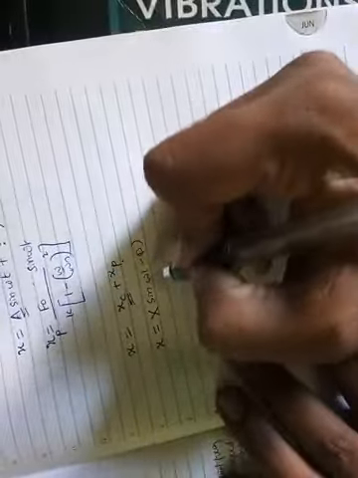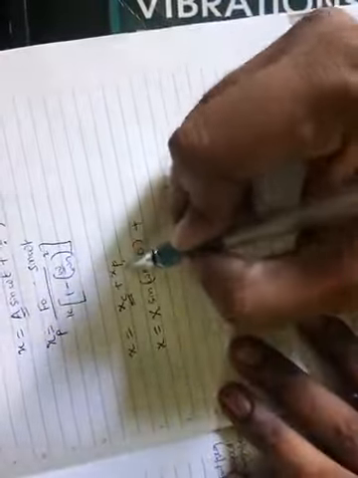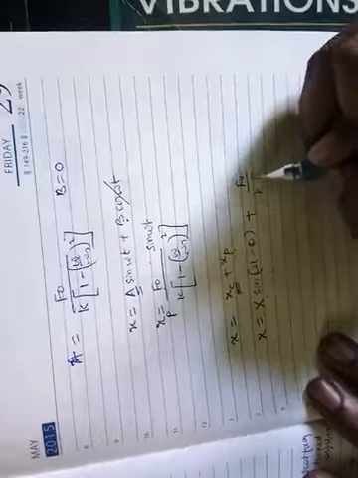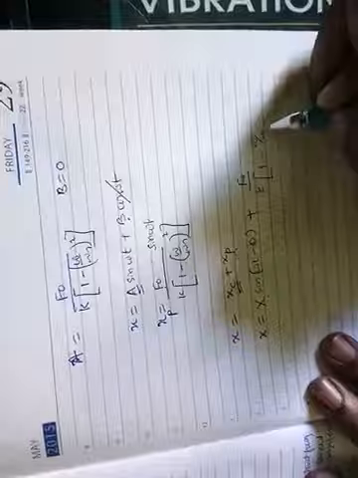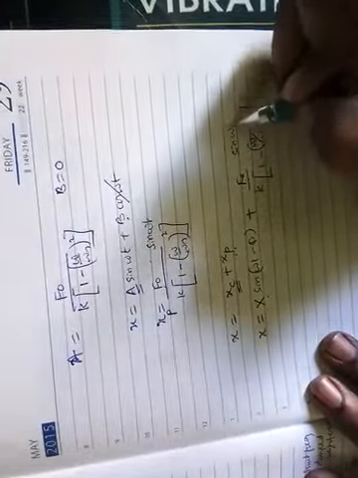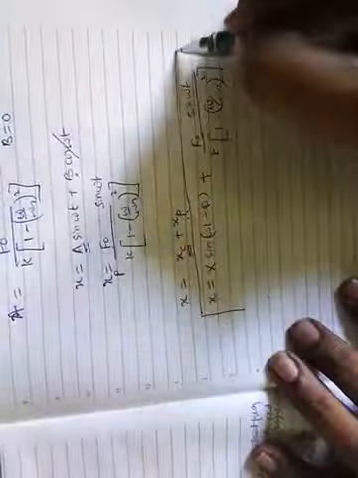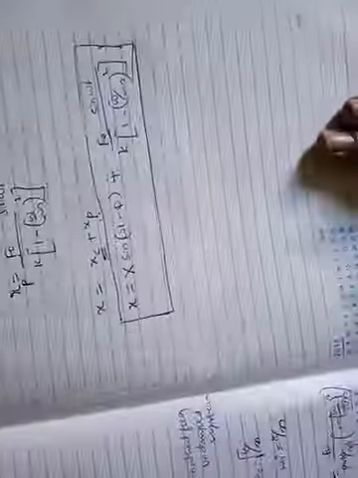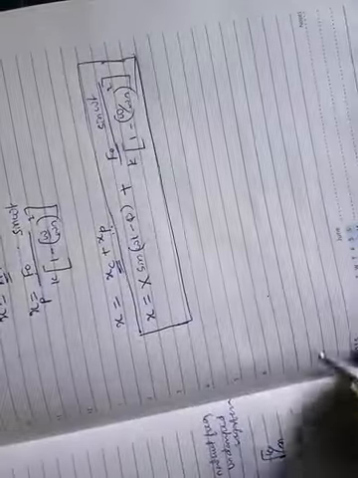And the particular solution is F naught by k 1 minus omega by omega n whole square into sin omega t. This is the solution of the forced vibration of a single mass spring system, a single degree of freedom system.